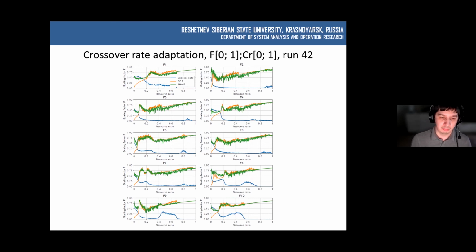Although there were more interesting cases. For example, one of the heuristics simply followed the rule that F should be just a square root of the current resource plus some additional part which depends on the success rate. So you can see the main trend of F is just a root function with some additional jumps up.